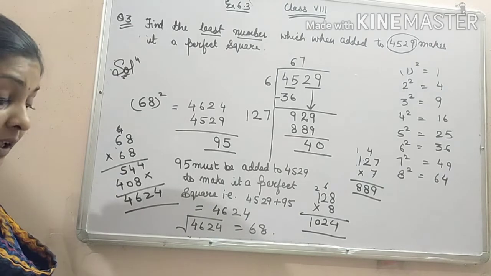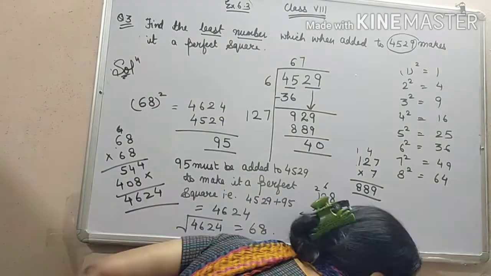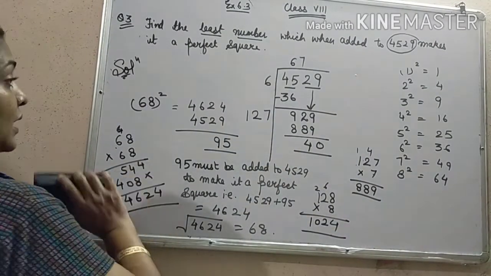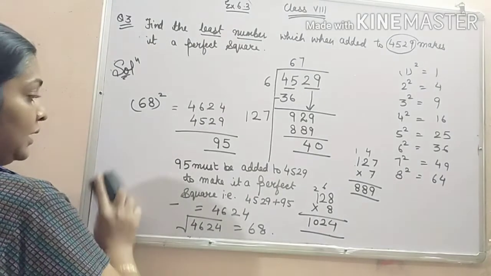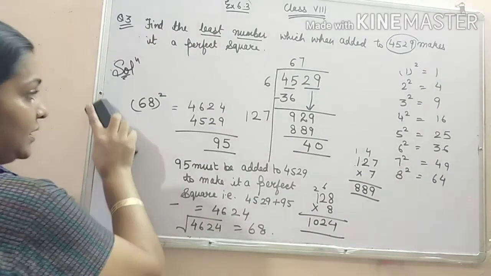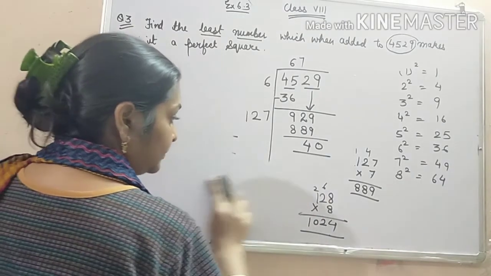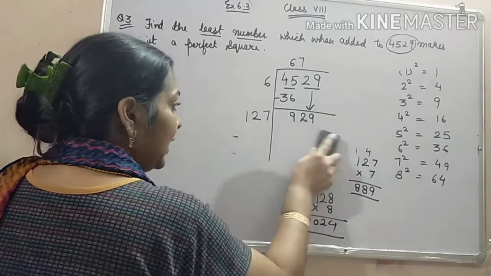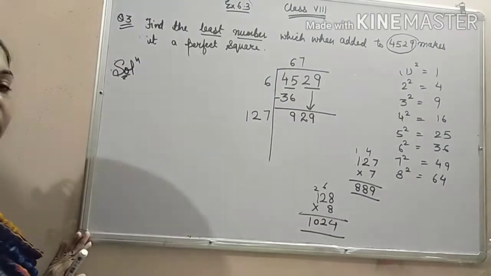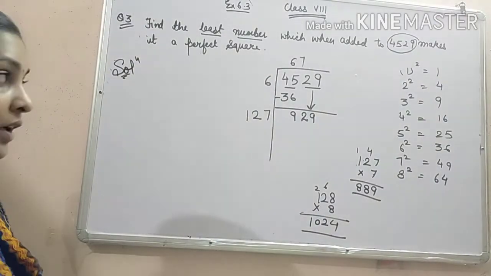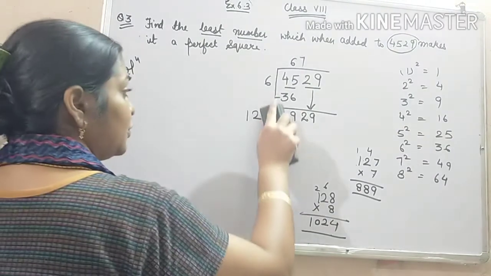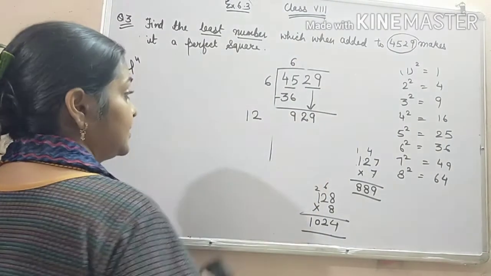Now what is the other way? You have to proceed in a similar manner, but there is a little bit of difference. Let me tell you. Till here you have to proceed in the similar way.